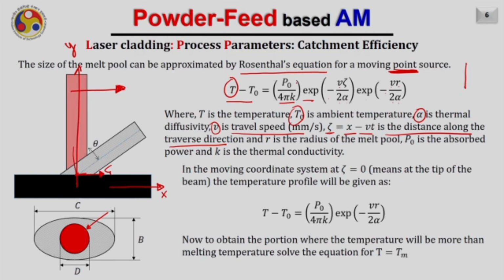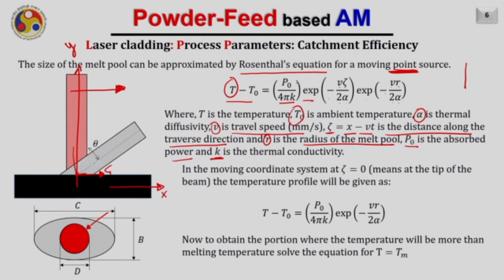Of course the position of this xi will be equal to x minus Vt, and r is the radius of the melt pool, P naught is the absorbed power, and K is the thermal conductivity.